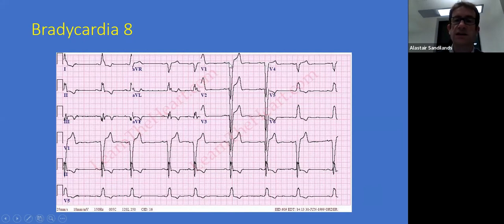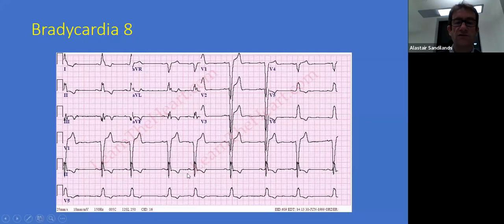In particular, it's negative in V1. Okay, so below the isoelectric line makes you think of left bundle branch block. It doesn't become positive till V5 and V6, although in this example, the axis is normal. So there's evidence of left bundle branch block. The PR interval is okay, but what you can see is the sinus node is the problem.